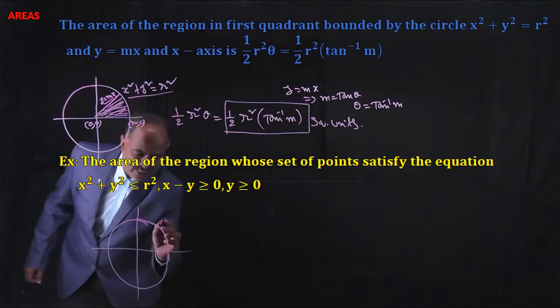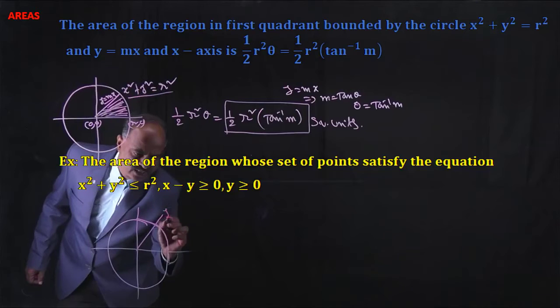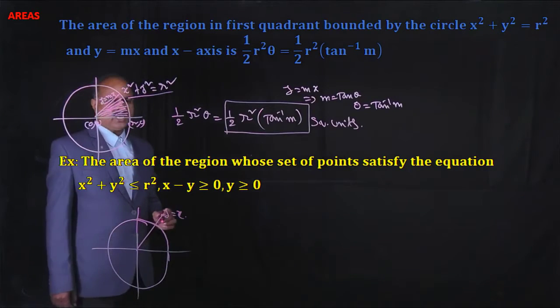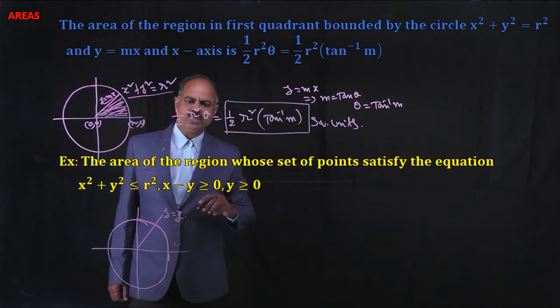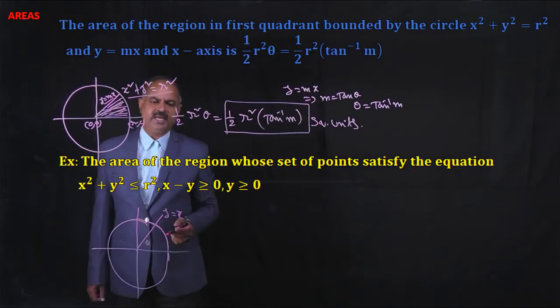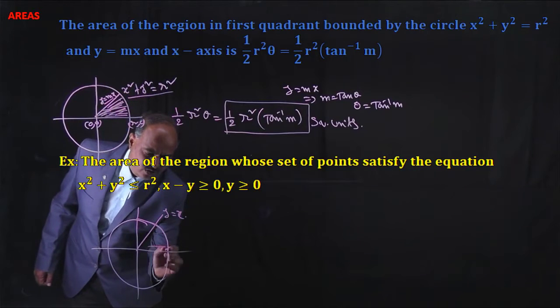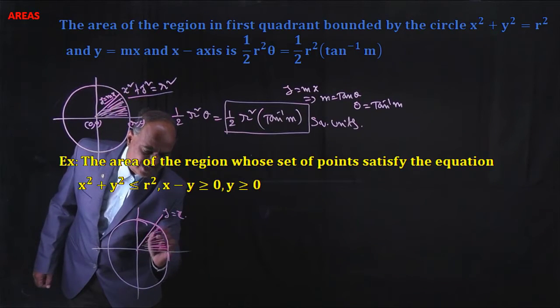Here y is equal to x, so x minus y greater than or equal to 0 means x is greater than or equal to y, and y greater than or equal to 0. So this is the required area.